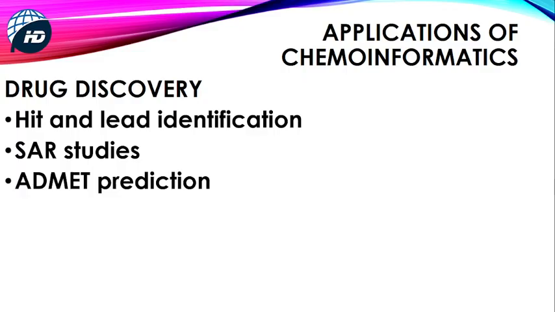So having gotten a drug, a hit or a lead that can be used on a given target, we can then use our chemoinformatics tools to get the absorption parameters, the distribution parameters, the metabolism parameters, the excretion parameters, and also the toxicity.